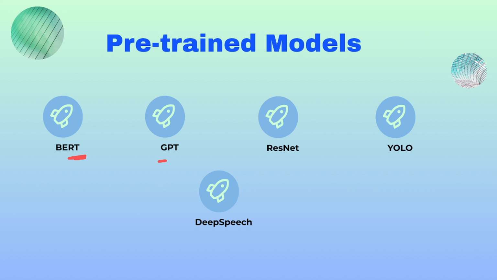So you can also fine-tune it. If you are confused about fine-tune, fine-tune is whenever you are making a generalized thing. It's a pre-trained model. Let me give you an example.